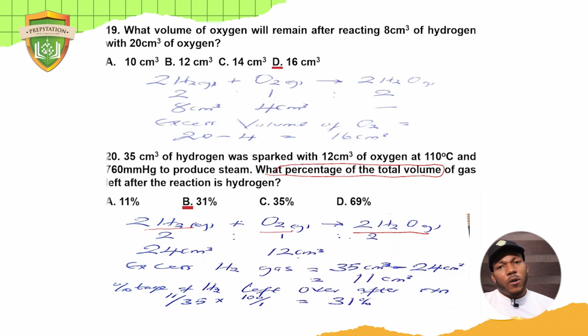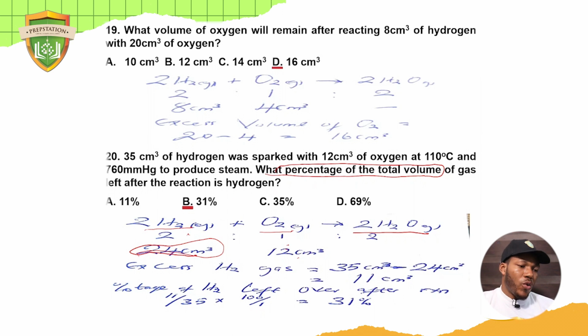We are looking for the volume of the leftover hydrogen gas. Don't forget. So if this volume was reacting, multiply it by 2, that is 12 times 2, which gives 24 as the reacting volume of hydrogen. Take note, you are looking for the leftover.